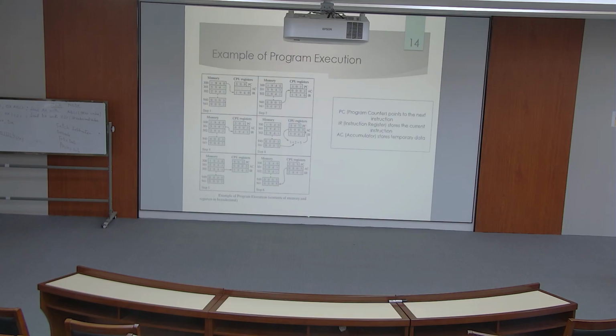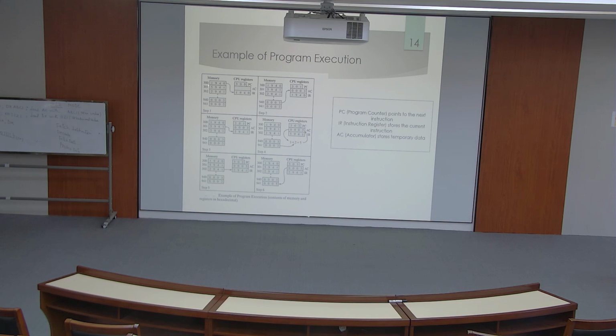Now, we have a simple example of the program execution. The PC is there to contain the address of the next instruction to be fetched from the memory. Step number one, we have memory addresses.